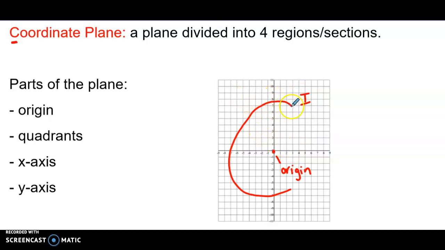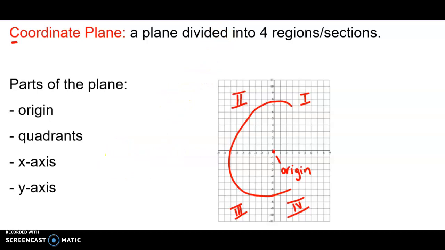So that means we're going to go in the same direction as we drew our letter C. From here to here, this is quadrant 2, quadrant 3, and quadrant 4. And in math, we usually use Roman numerals to indicate our quadrants.